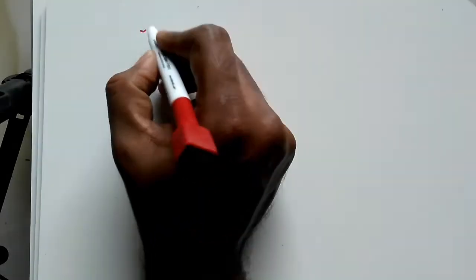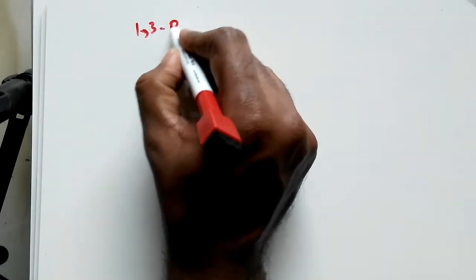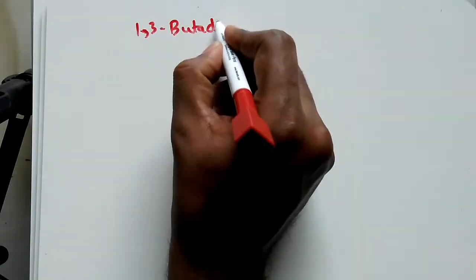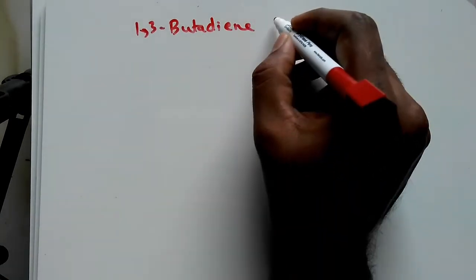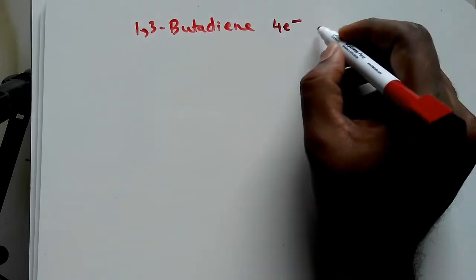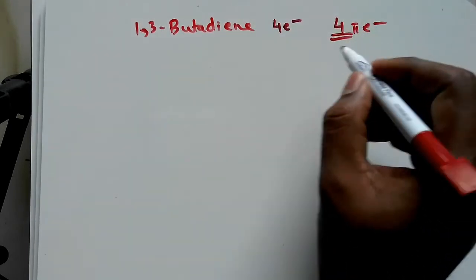Now in the 1,3-butadiene state, I'll write here, 1,3-butadiene state. It consists of 4 electrons, so it is a 4 pi electron system.